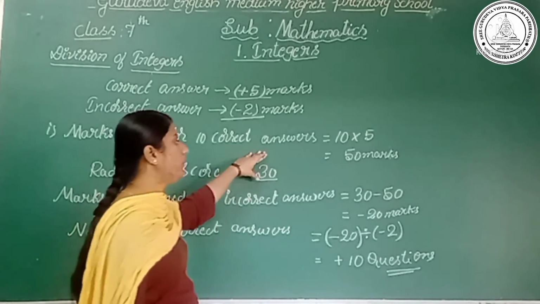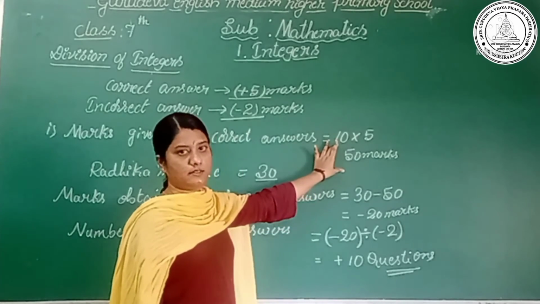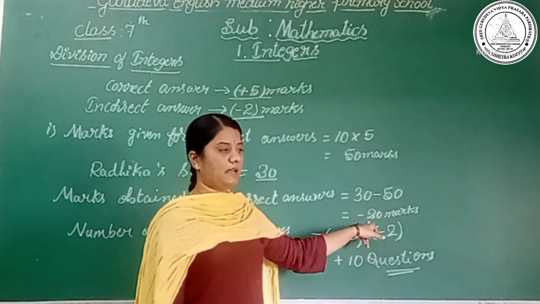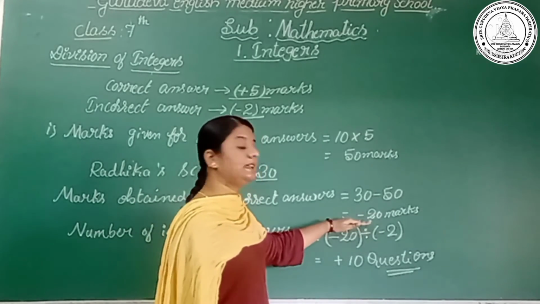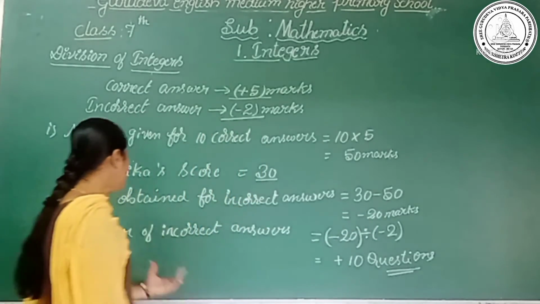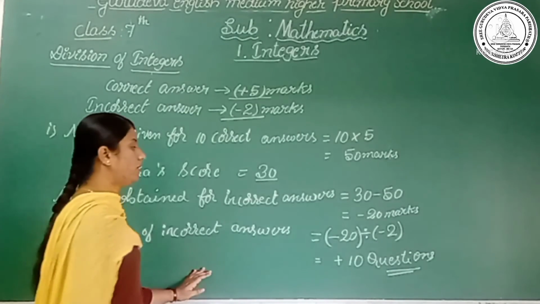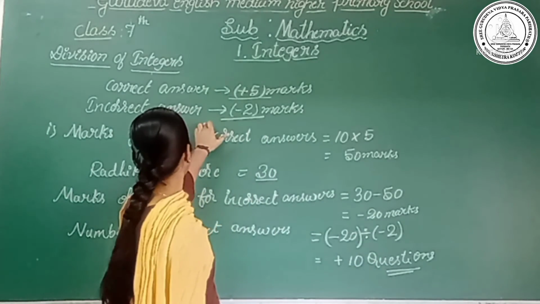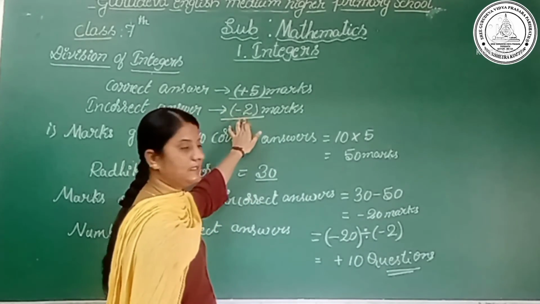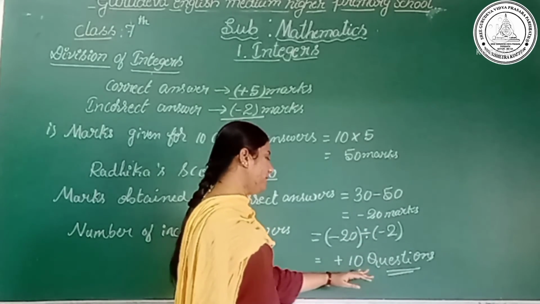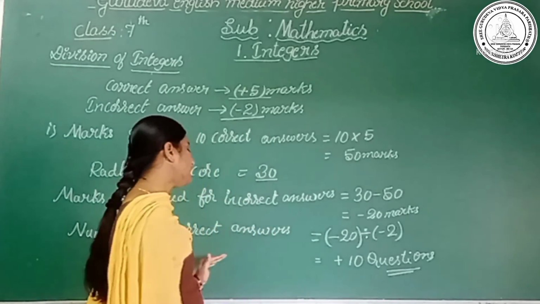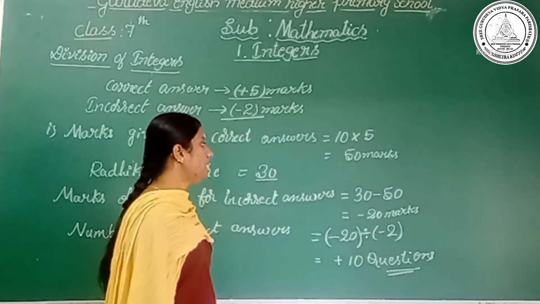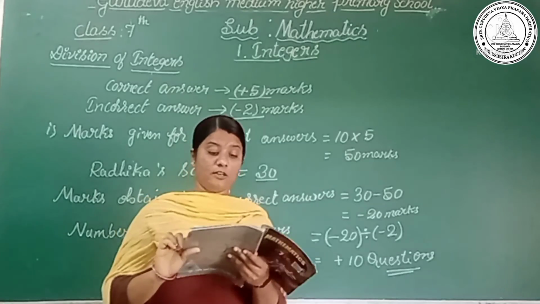From the total score we have to subtract the correct answers score. So 30 minus 50 is minus 20 marks. It is the score of the incorrect answers. Then how many incorrect answers were there? So divide the incorrect marks by the marks for each question. Marks for each incorrect answer is minus 2. If we divide, we get 10. So the number of incorrect answers is 10 questions. Clear? Yes. Then let's see the second one.